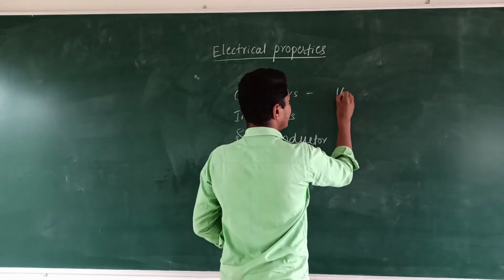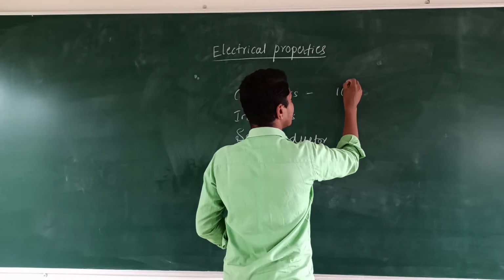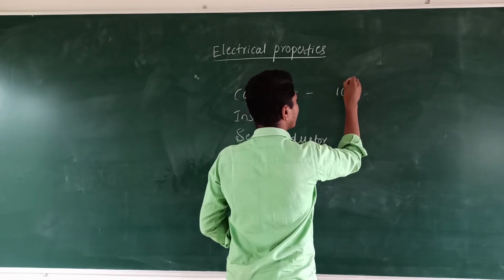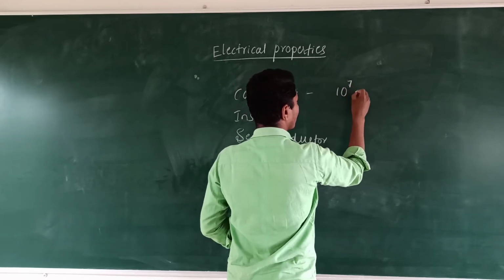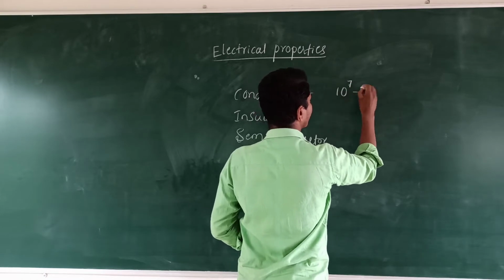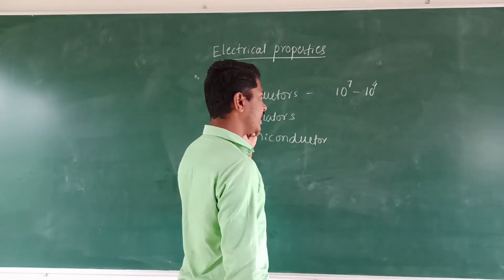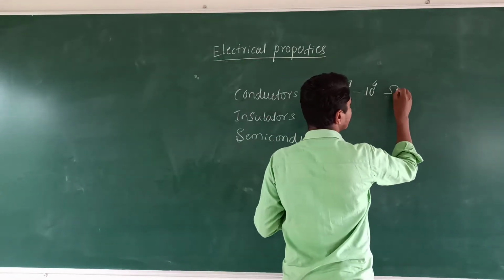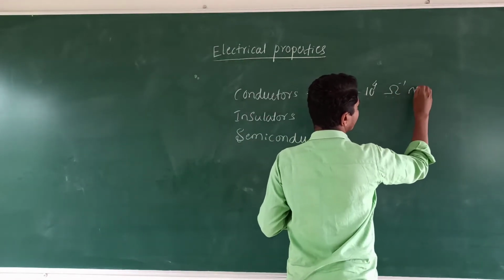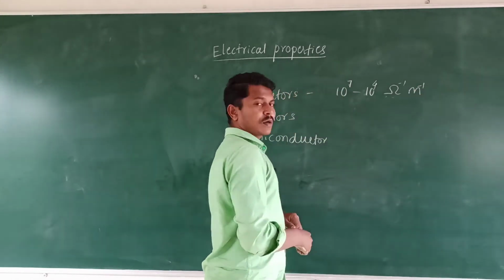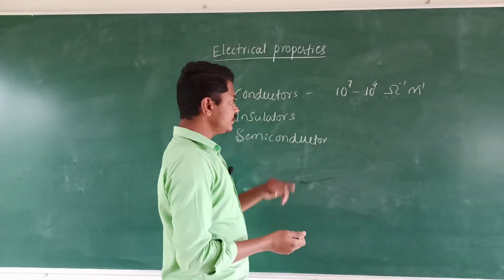Conductivity of conductors lies between 10 to the power 7 to 10 to the power 4 per ohm per meter.